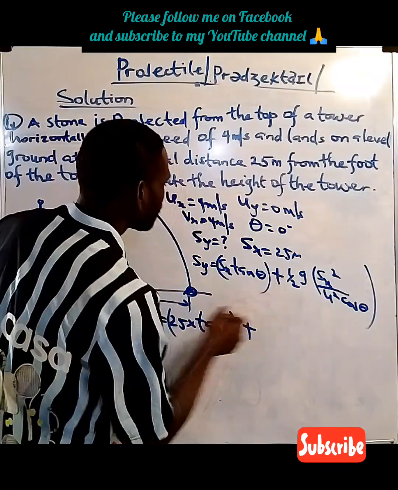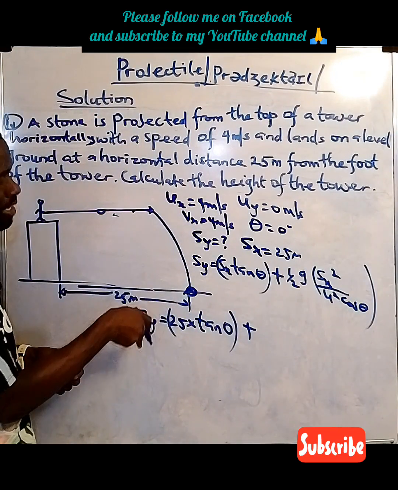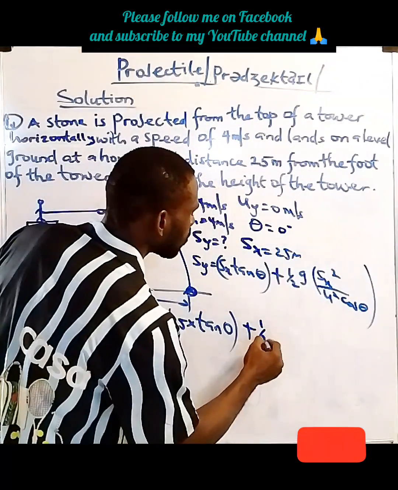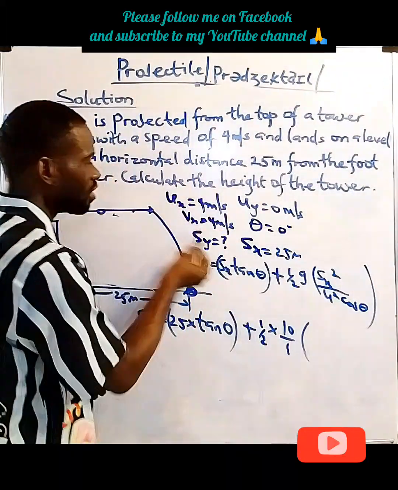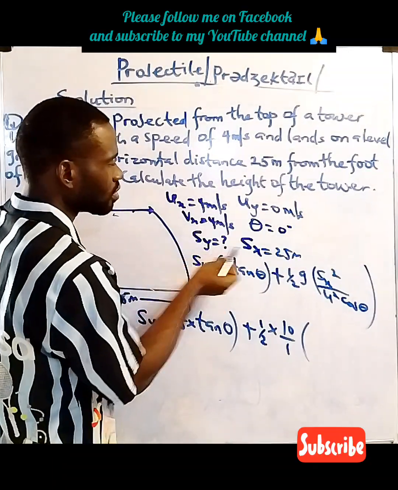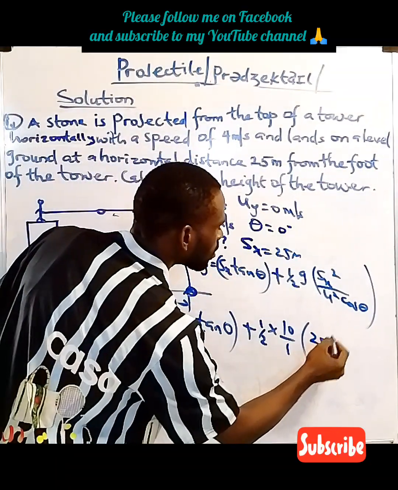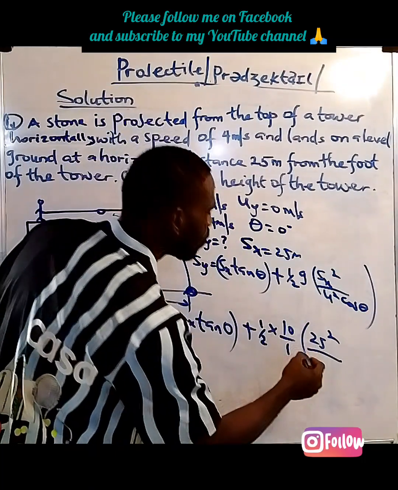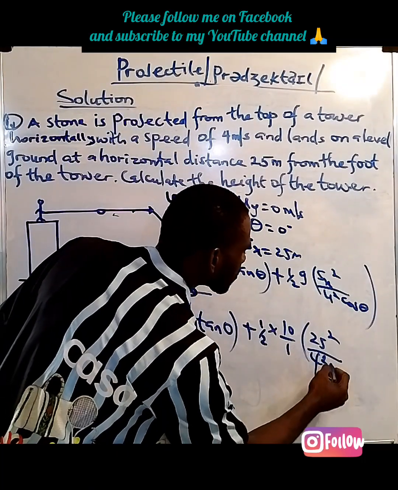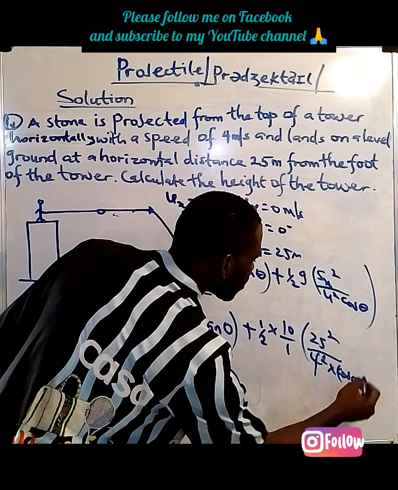So plus, don't forget this body falls down in obedience to gravity, so gravity is positive: 1 over 2 times plus 10, gravity. The distance along the x-axis is 25 meters, so 25 raised to the power of 2. Initial speed is 4 raised to the power 2, times cos 0 raised to the power 2.